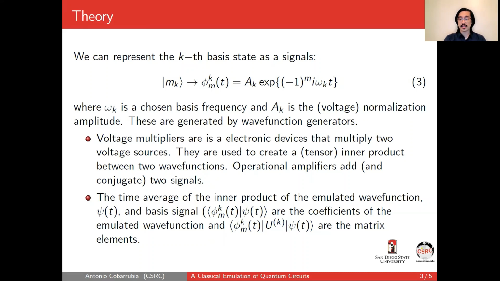To multiply and create tensor products and inner products of two different wave functions or basis states, we use voltage multipliers to multiply these two signals, and operational amplifiers to add two quantum wave functions. At the end, for the result of an inner product, we take the time average and we can find the actual emulated inner product, as well as coefficients and matrix elements.